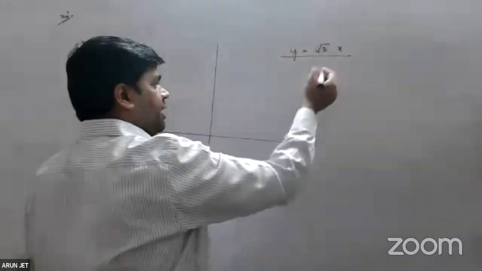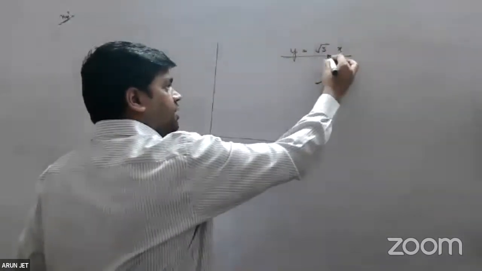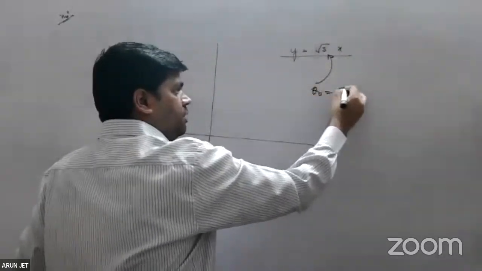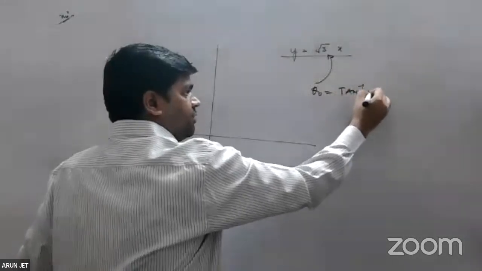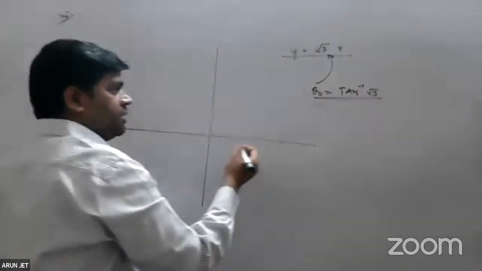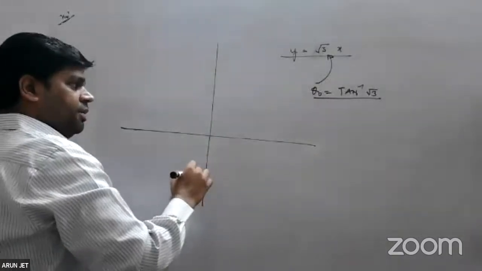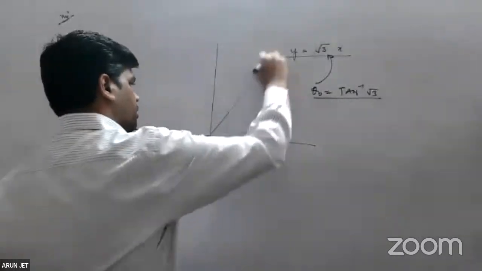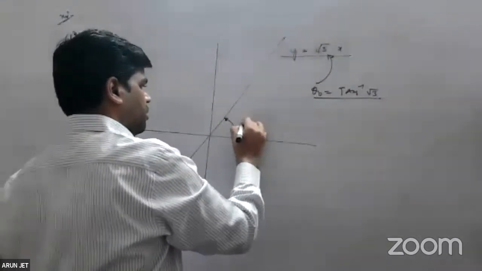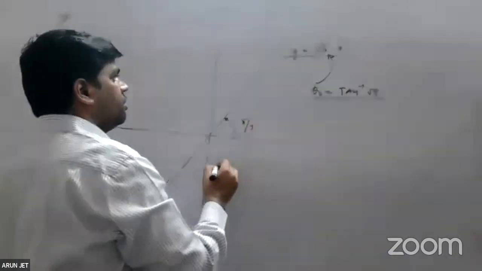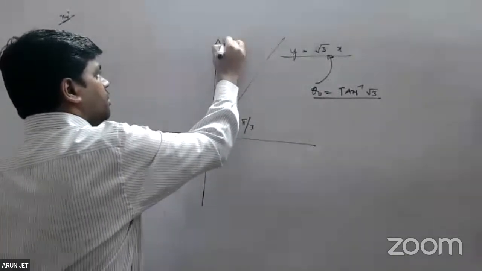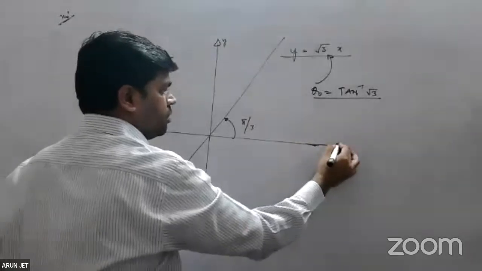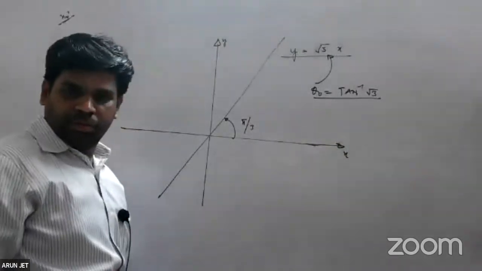All right. y is equal to root 3x. So m is equal to root 3. So theta is equal to tan inverse of root 3, which is, what is tan inverse root 3? Yes, good.